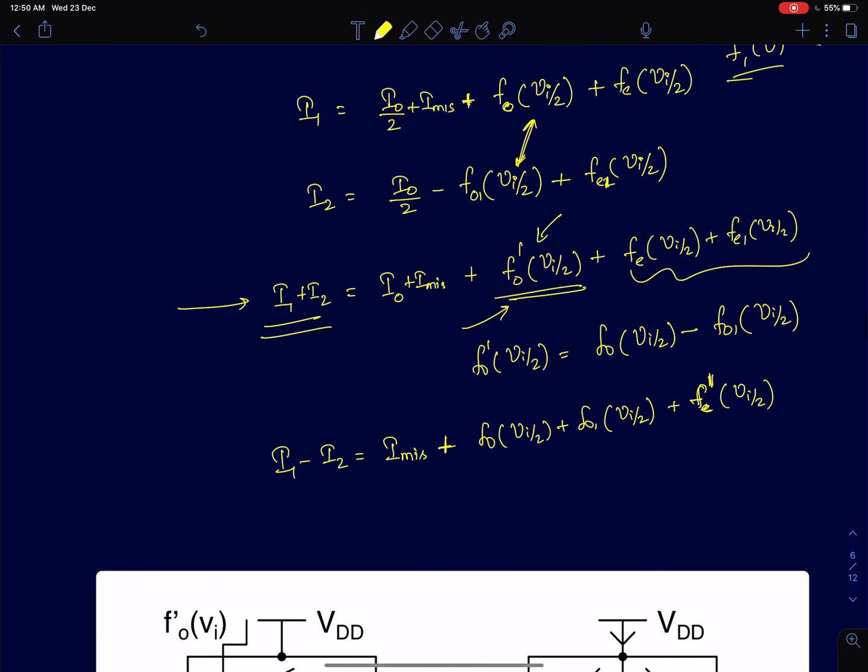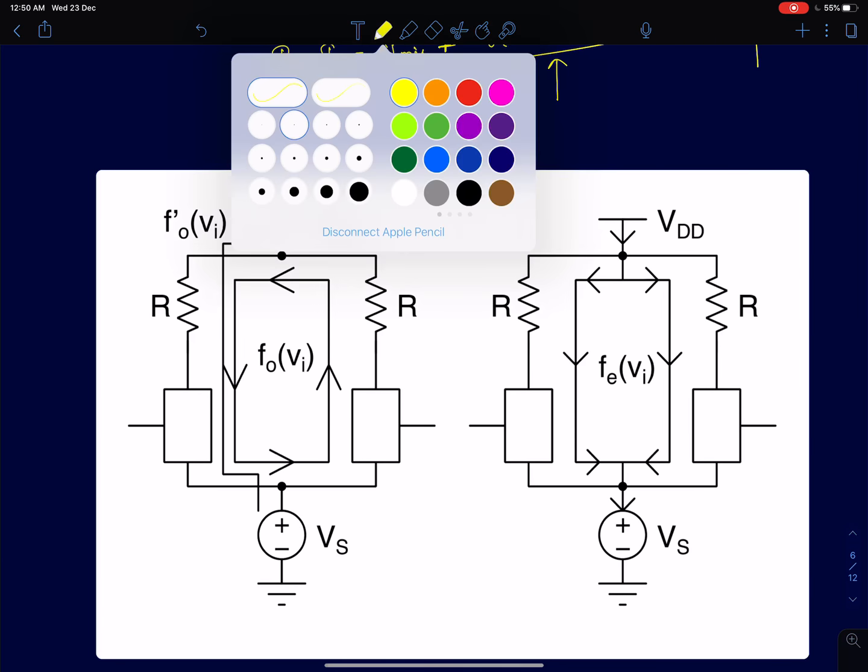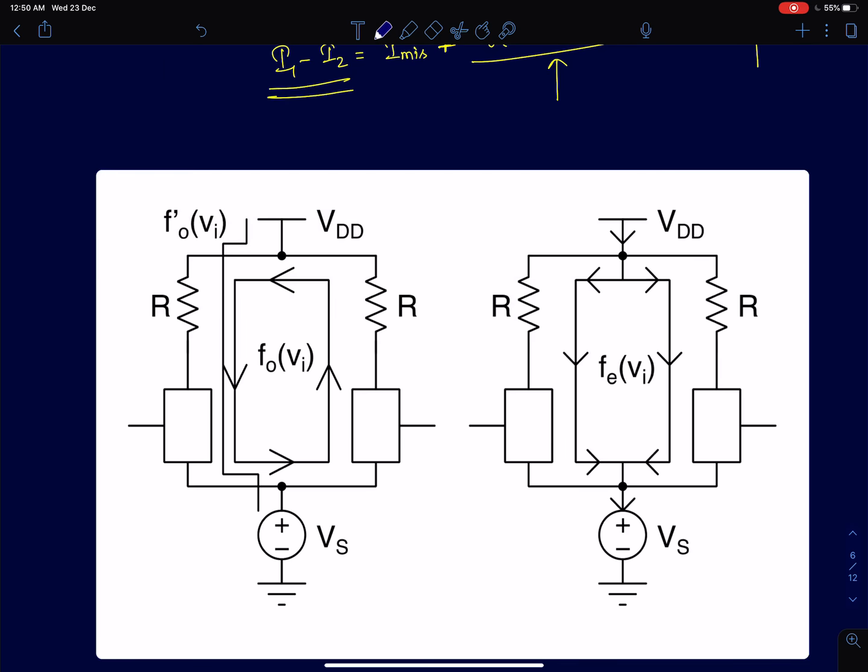And similarly, in the differential current I1 minus I2, previously all the even harmonic current components were getting cancelled out, but now there will be some residual even harmonic current as well, in addition to the odd harmonic currents. So I have now pictorially shown the direction of flow of the odd and even harmonic currents in a differential amplifier with mismatch. Now if there is mismatch, we just saw that the sum of the two currents I1 plus I2 carries some additional odd harmonic current as well.